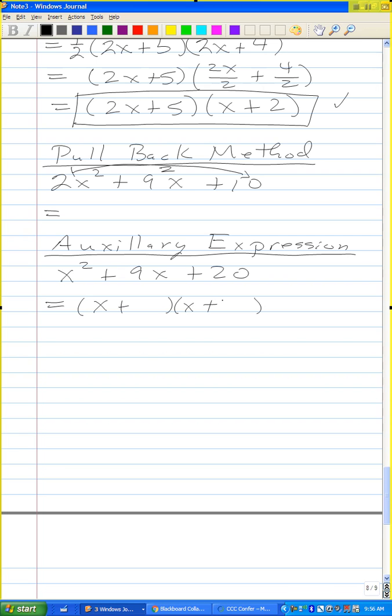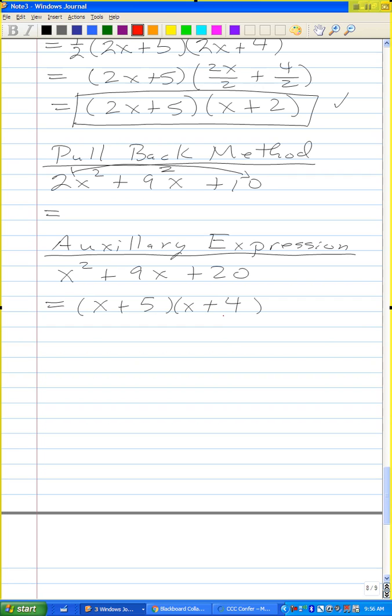I want to find two whole numbers whose product is 20 and the sum is 9: 5, 4, and write the larger factor first. And so I would be done, except now, if I put the 2 in the back of the equation, I've got to bring it back. I've got to pull it back in front.